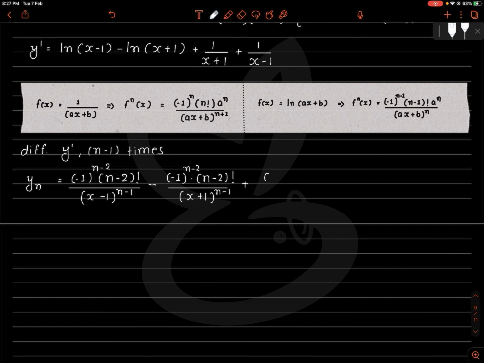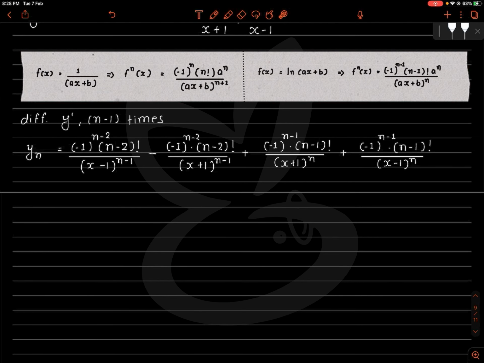We will get (minus 1) raised to n minus 1 into (n minus 1) factorial. We have a equal to 1, so we don't have to write it, upon (x plus 1) raised to n, plus (minus 1) raised to n minus 1 into (n minus 1) factorial upon (x minus 1) raised to n.